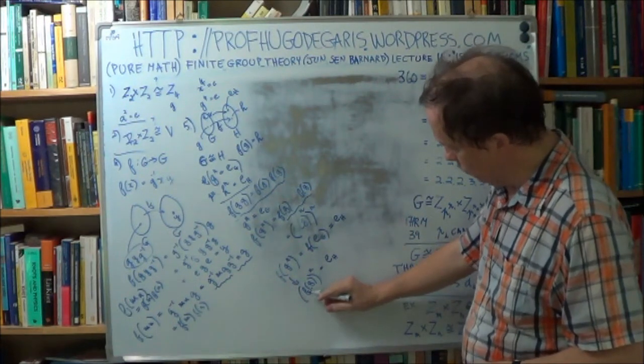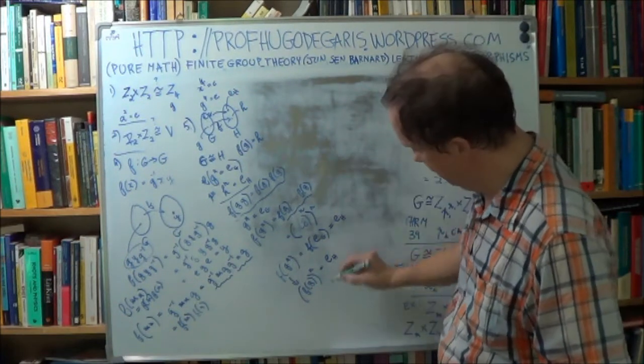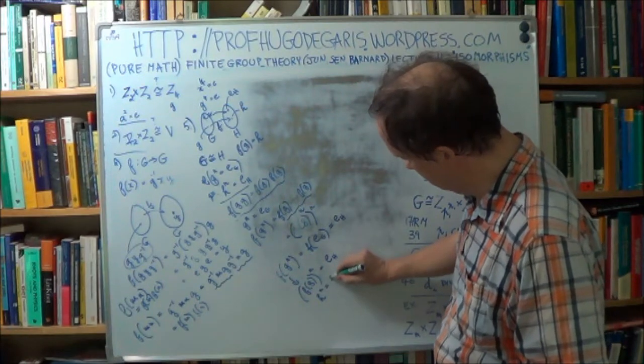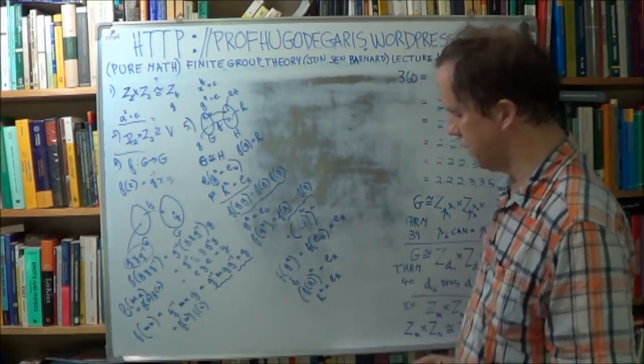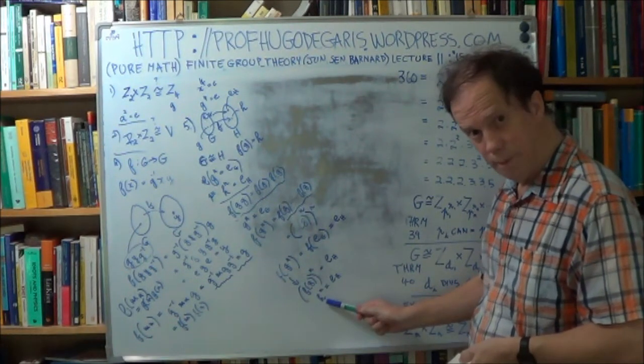What is f of g? Well, it's h. So h to the n is equal to e of H. Ta-da! What does this mean?